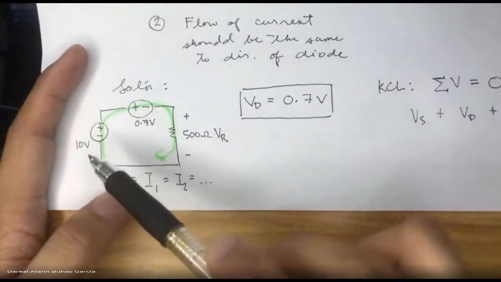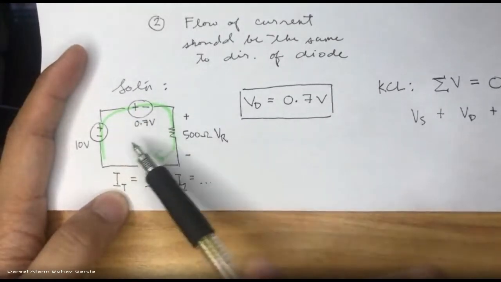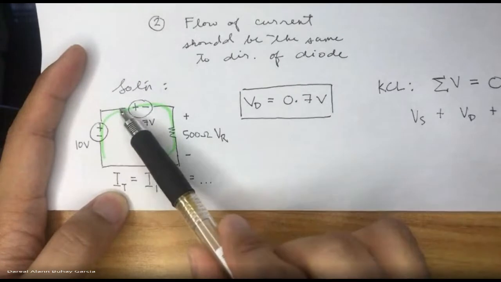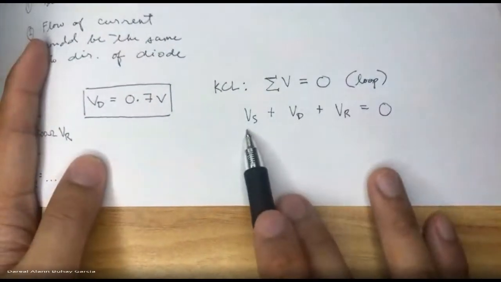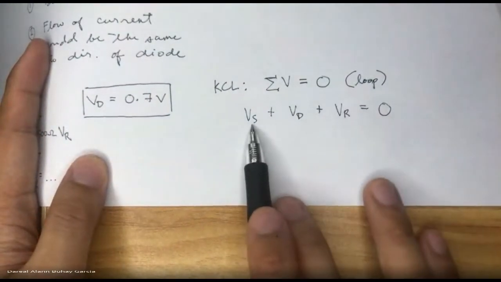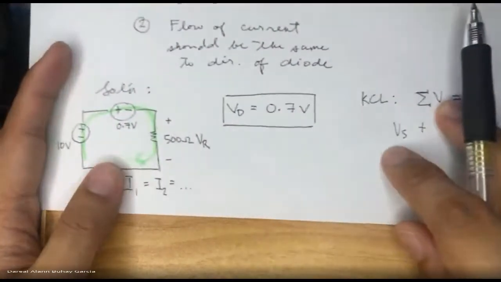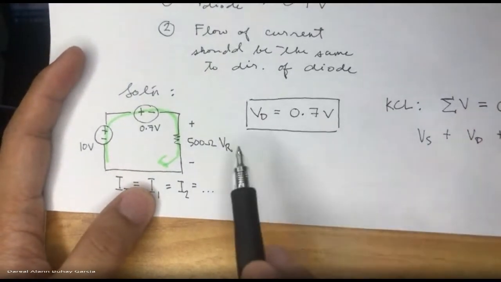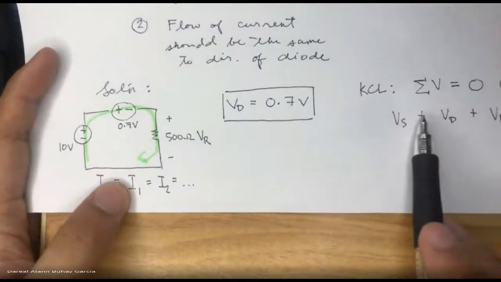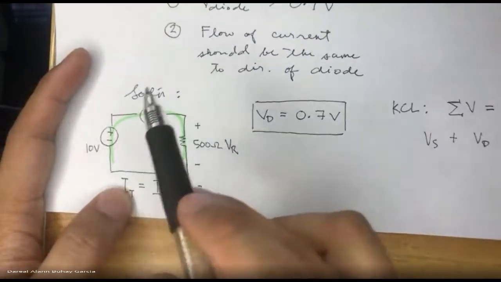If mag-loop ko dire, from this point, padlong dito, that is our equation, but wala pa nato gi-assign ang sign. How will we assign signs sa atong equation? Simple lang.